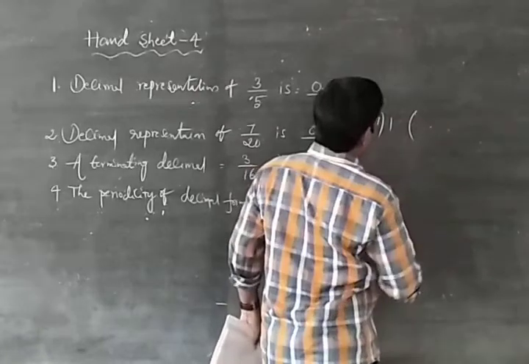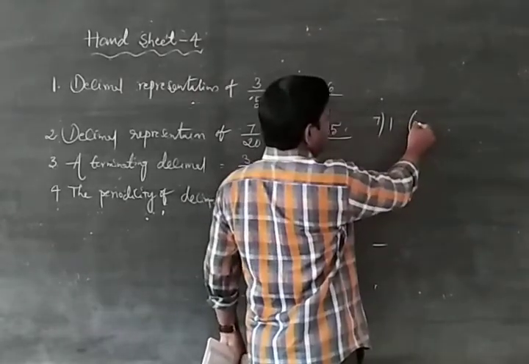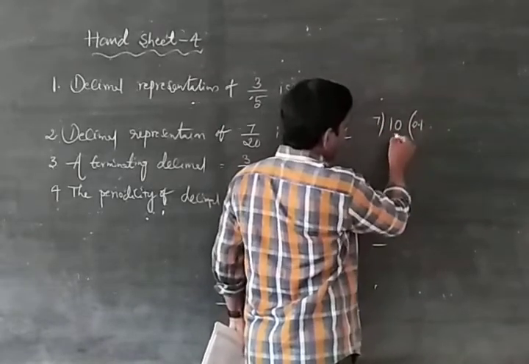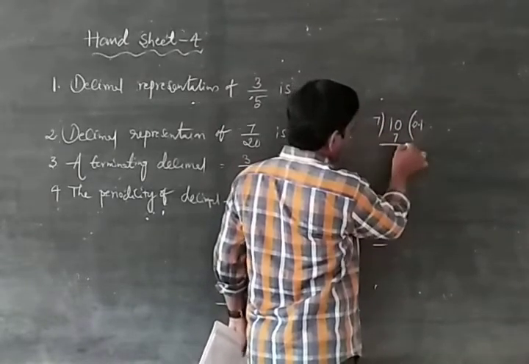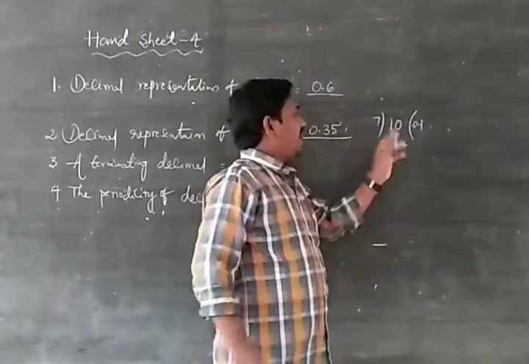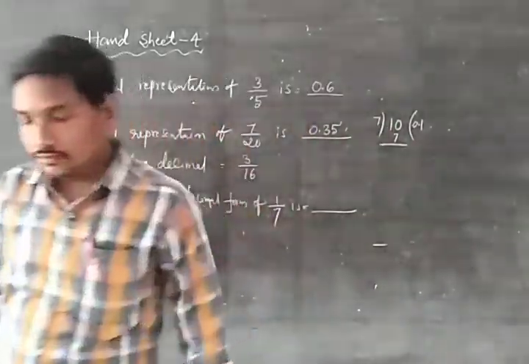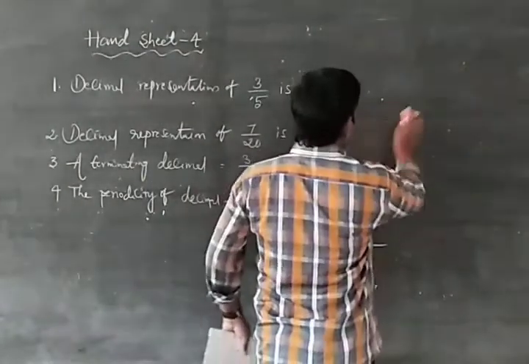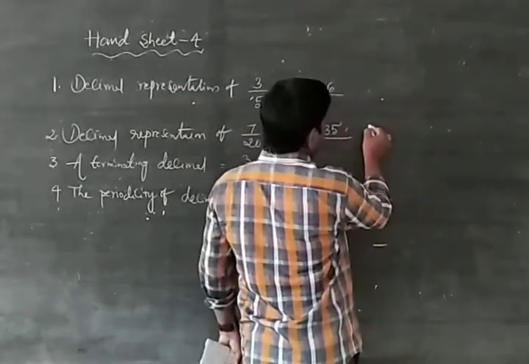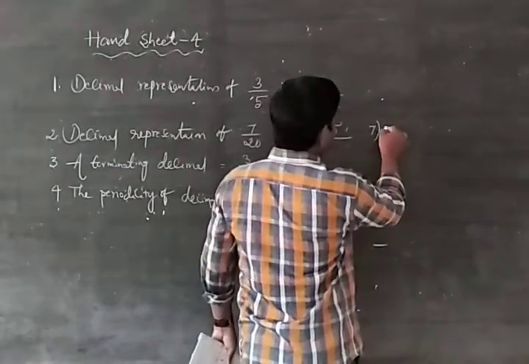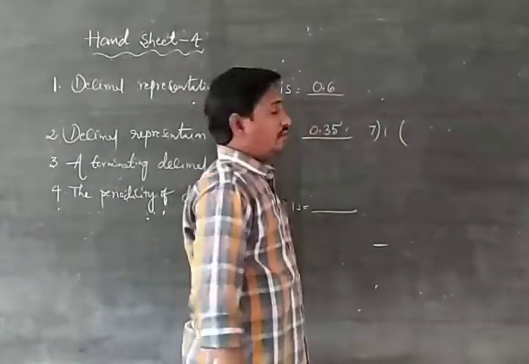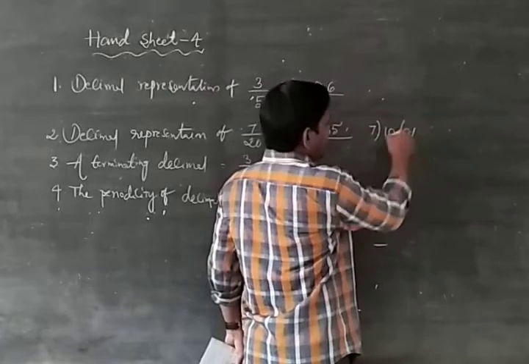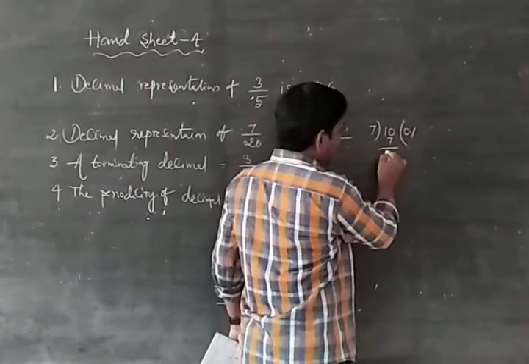Take a point and 0. 7 does not cancel in 1. Write a point in the quotient and write 0. 7 ones are 7, that means 3.